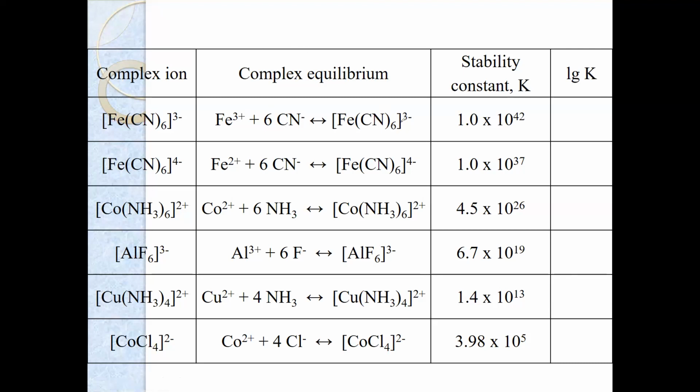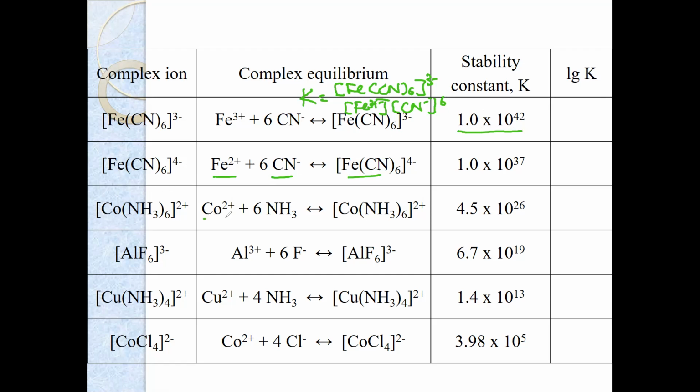If you want to express K, this one I didn't write out, so you might want to write it on your own: K equals [Fe(CN)6 3-] over [Fe3+] multiplied by [CN-] to the power of 6, just like how you write Ka, Kb, Kc, and so on. The stability constant is 1.0 times 10 to the power of 42. So this is the equation: the metal ion, the ligand, and the complex.